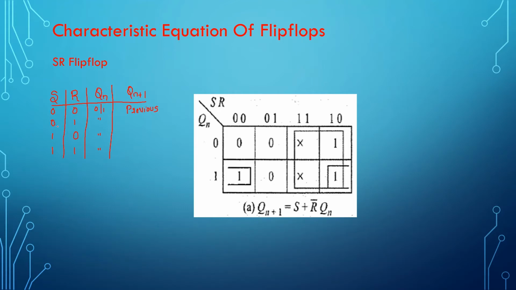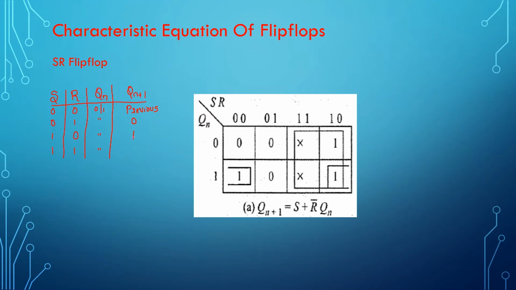If the data inputs to the flip-flop are 0 and 1, then my flip-flop is going to store the data 0 because R is made 1. R stands here for reset. Suppose you give the data as 1 and 0, you are setting the flip-flop, so the data stored in the flip-flop will be 1.